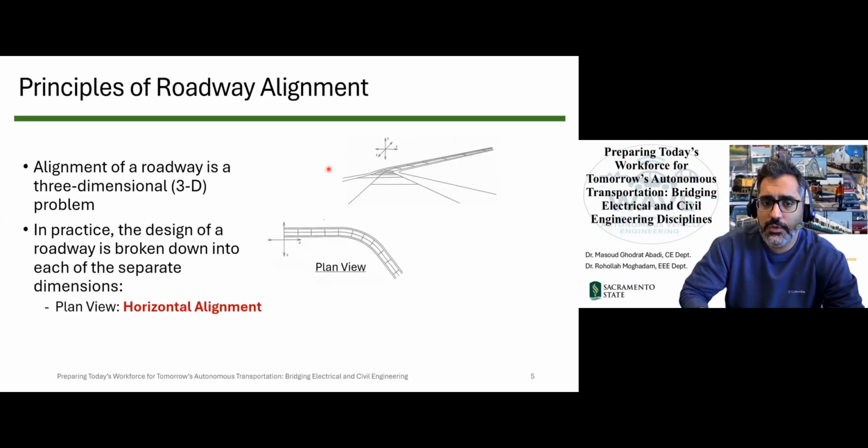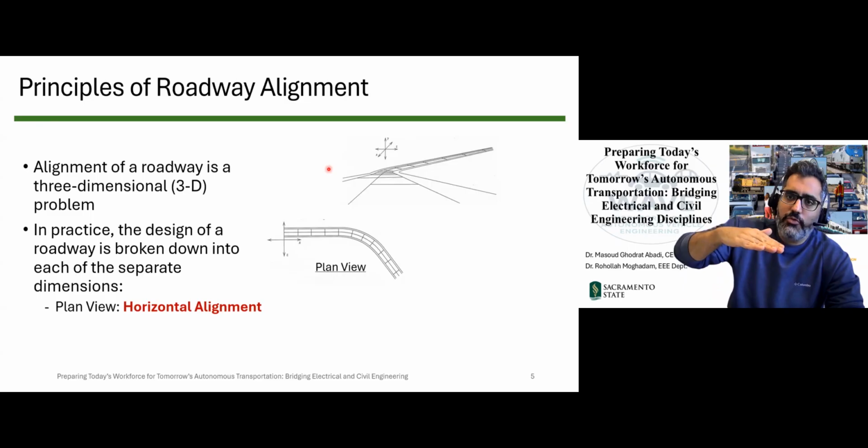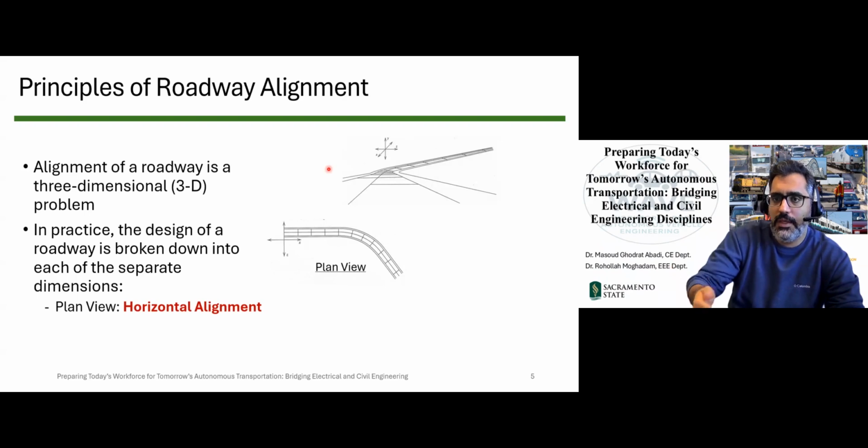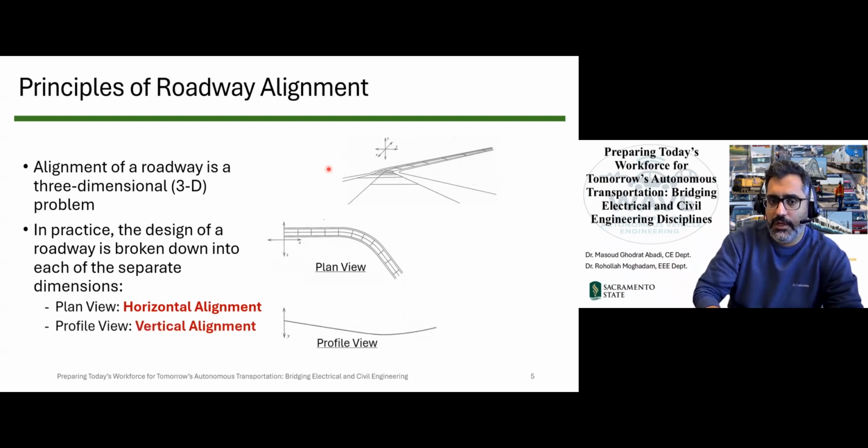The first one is what we call plan view or horizontal alignment. Imagine I look at the roadway from an aerial image, just a Google image, and see how it is moving on the ground. That would be a plan view. Another view is what we call profile view or vertical alignment.